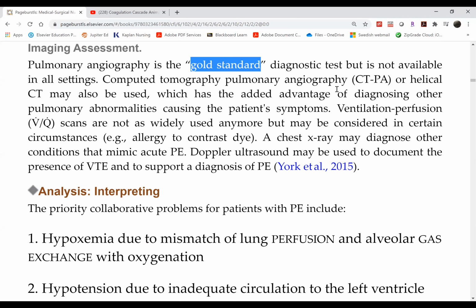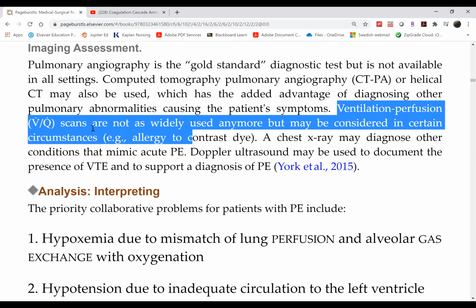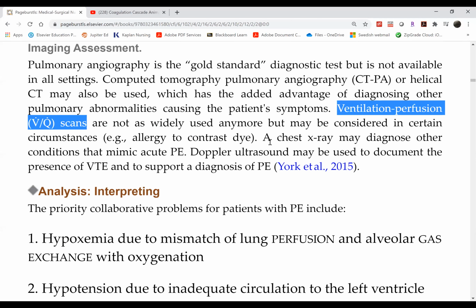Now the doctor has one more alternative, which is a VQ scan. The VQ scan is done in nuclear medicine. Instead of putting a dye through the IV and then taking a picture, wherein whichever pulmonary artery parts don't show up with the dye means there is an obstruction, if we can't do that, then we'll have the patient inhale a radioactive gas instead.